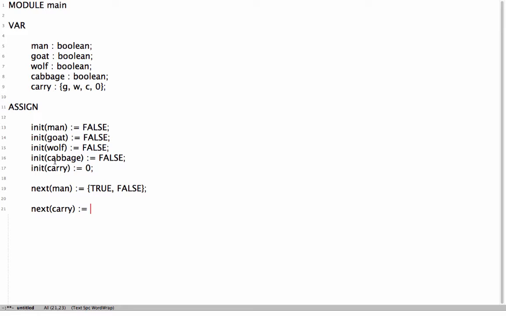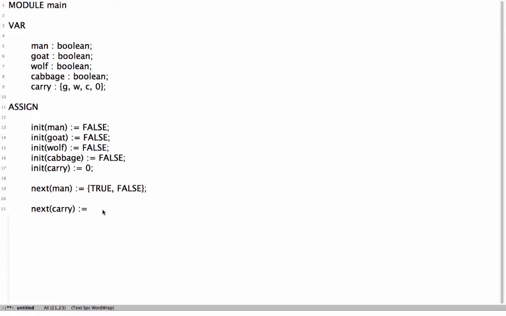That means if man equals goat, it means that man and goat are on the same bank, then goat can be carried. Similarly, if man equal to wolf, then the wolf can be carried. Similarly, if man equal to cabbage, the cabbage can be carried. There is, however, a non-deterministic choice if many of them are on the same bank.